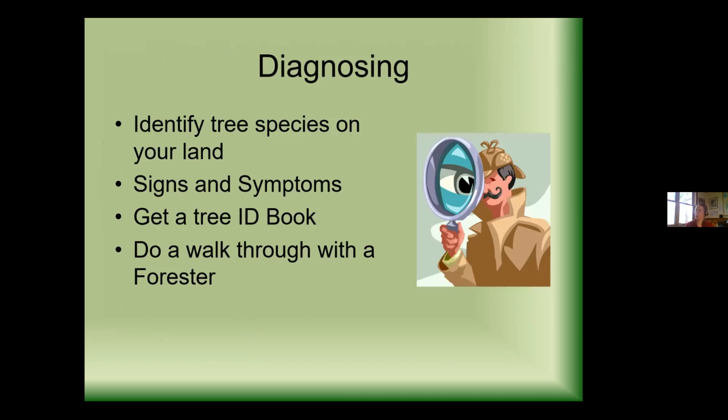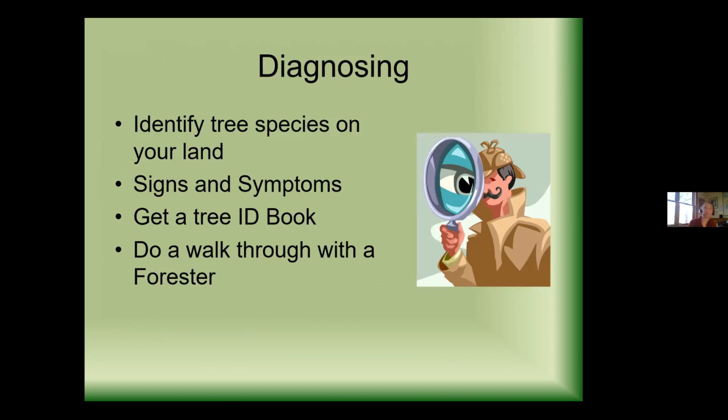So you think you may have a problem, or maybe you think you have a healthy forest. Please be able to tell me or show me pictures of which tree species you're looking at. What are you looking at? A sign or a symptom? A sign is the agent, the actual disease, a big fungal mat, the bug itself.